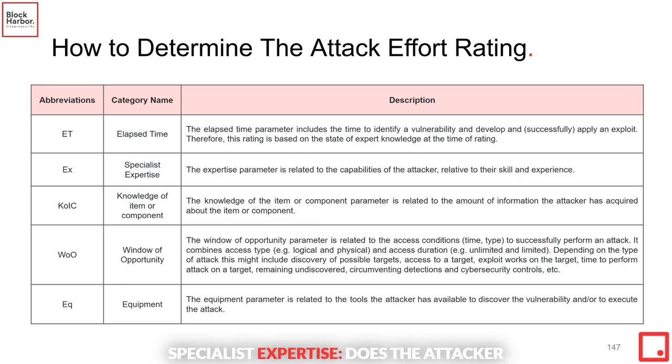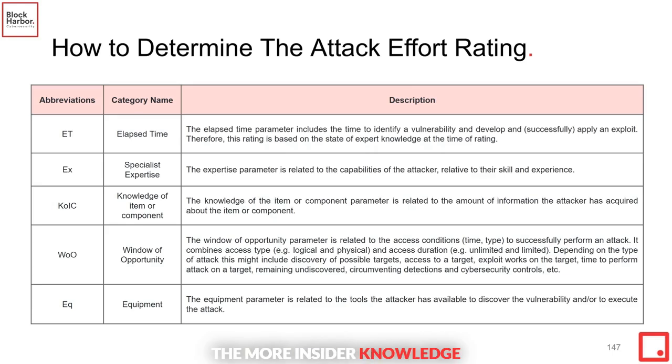Specialist expertise. Does the attacker need specialized skills or knowledge? The level of expertise required can significantly impact the feasibility. An attack requiring common skills is more feasible than one that needs advanced niche knowledge. Knowledge of the item or component. How much prior knowledge does the attacker need about the system or component being targeted?